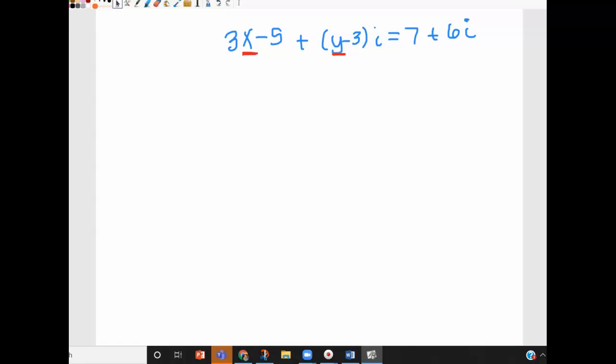So what you do is you set the real equal to the real, and the imaginary part equal to the imaginary.